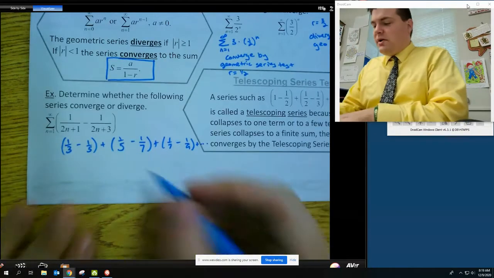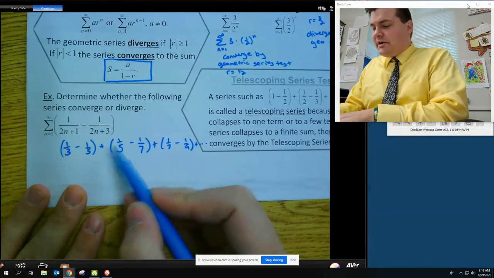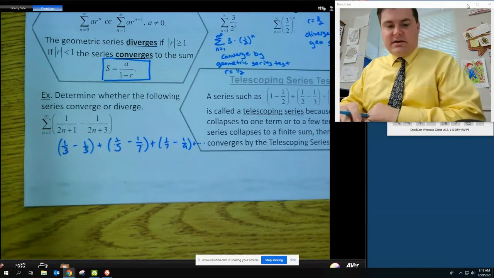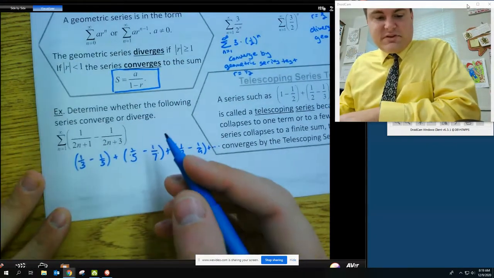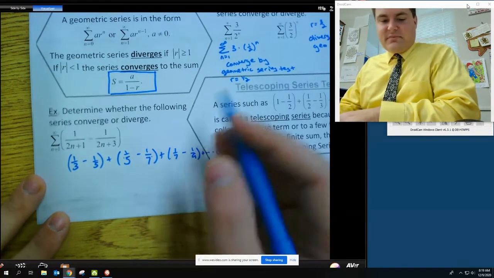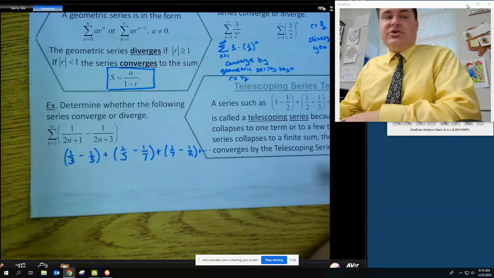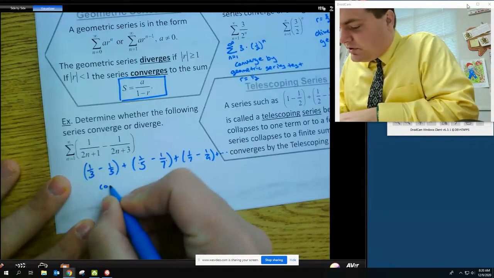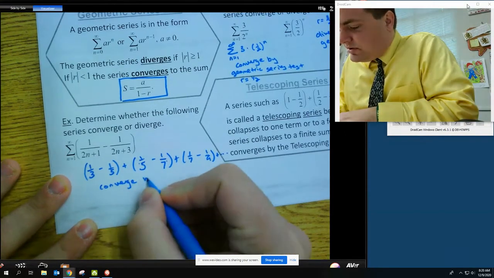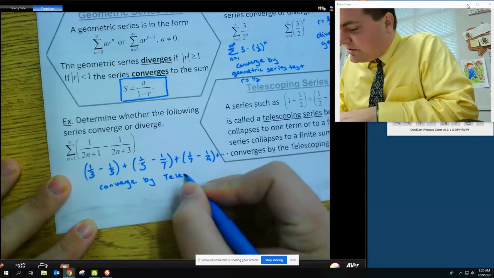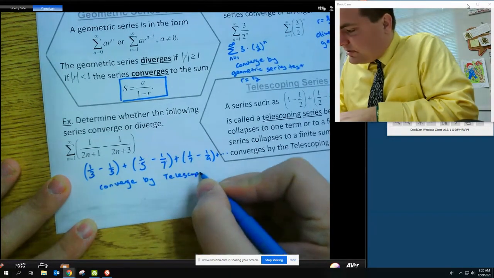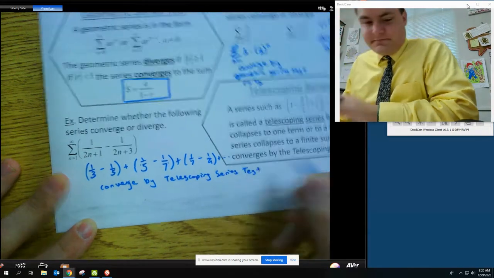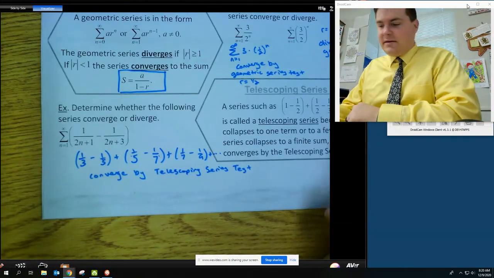Okay, so this is telescoping because these terms are going to end up canceling out all the way through infinity. So this is going to end up converging by the telescoping series test.